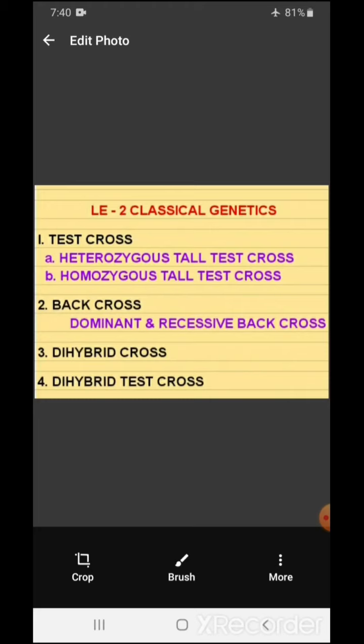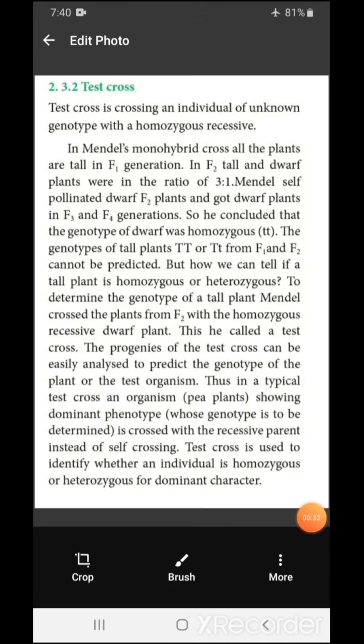First one, test cross. What is test cross? The test cross is crossing an individual of unknown genotype with a homozygous recessive. Already we know what a monohybrid cross is. The cross made with a single contrasting character is known as monohybrid cross.